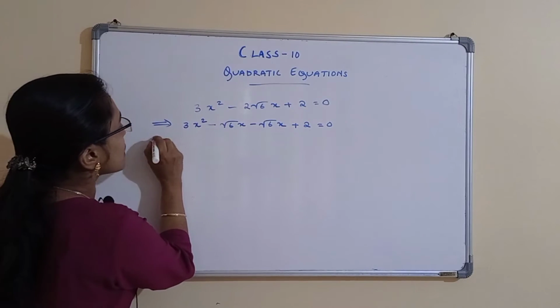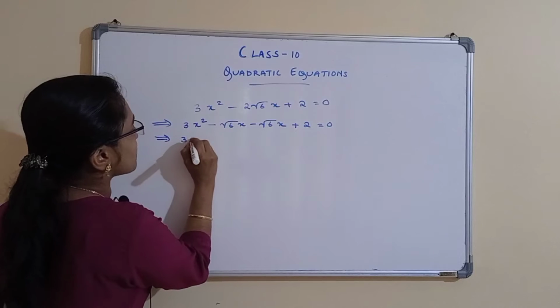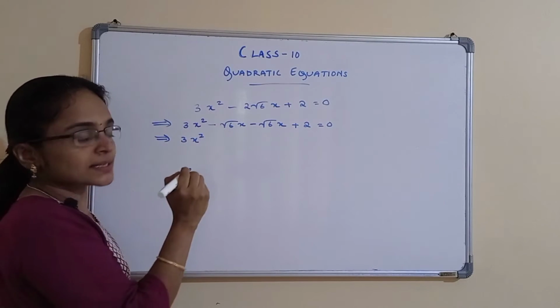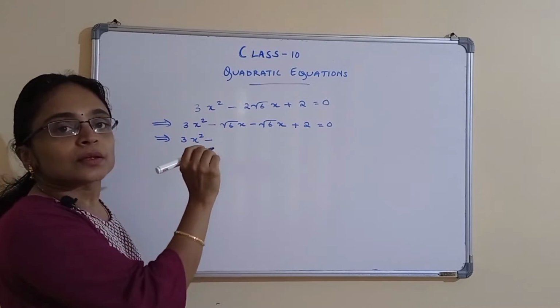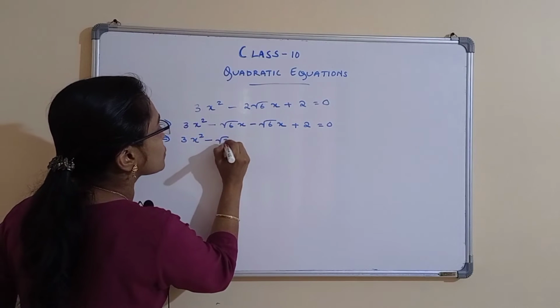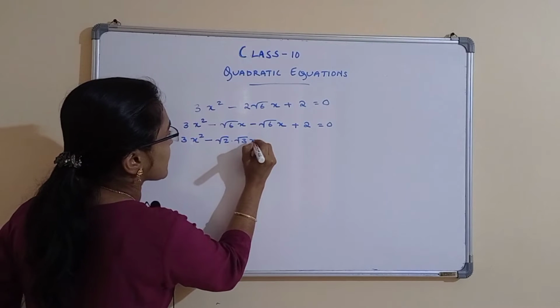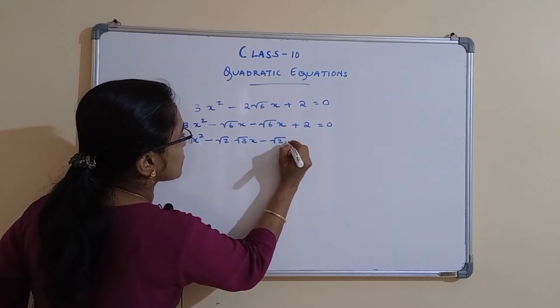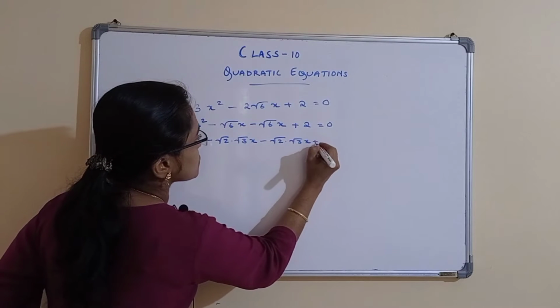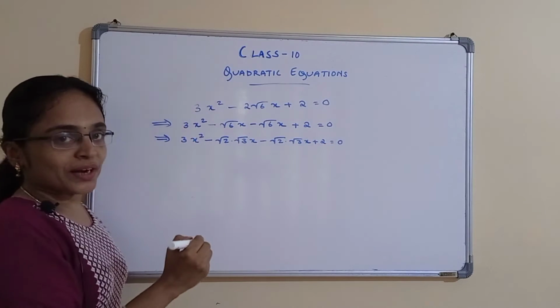Now this implies 3x square minus root 6 is the same as root 2 into root 3x minus root 2 into root 3x plus 2 is equal to 0, right?